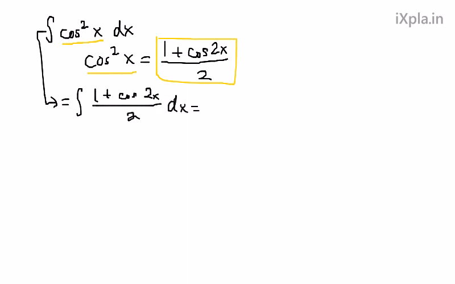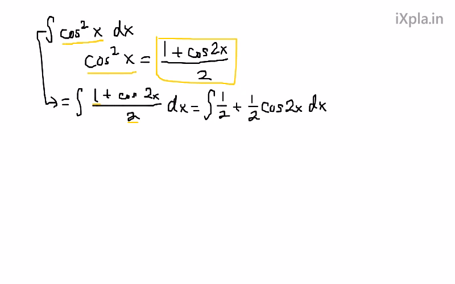You can break this fraction into two pieces. So you have the integral of a half, 1 over 2. That's really nice to integrate. That's just a number. And then you also have a half as a coefficient multiplied by cosine of 2x. You can also write that as cosine of 2x all divided by 2, and then this dx right there.